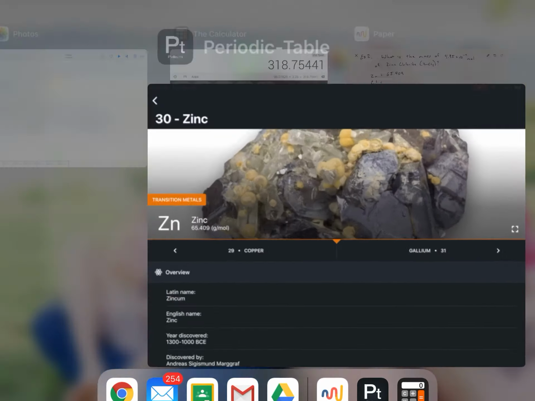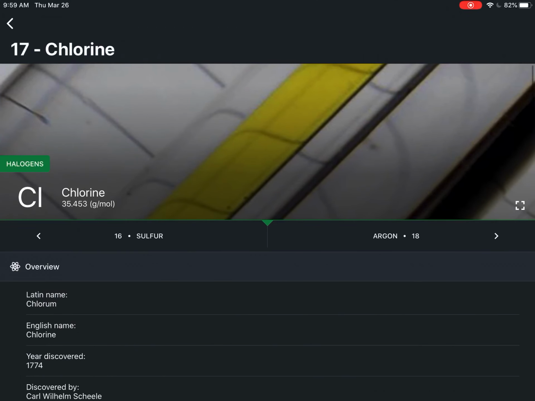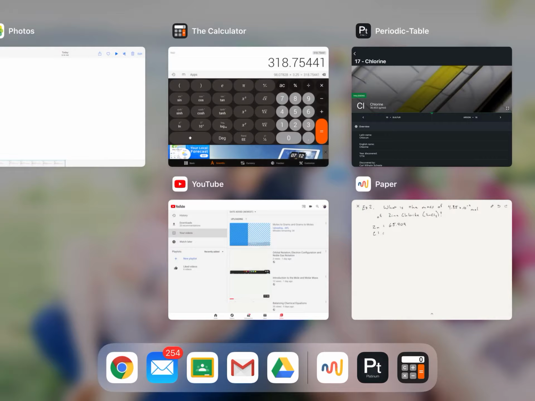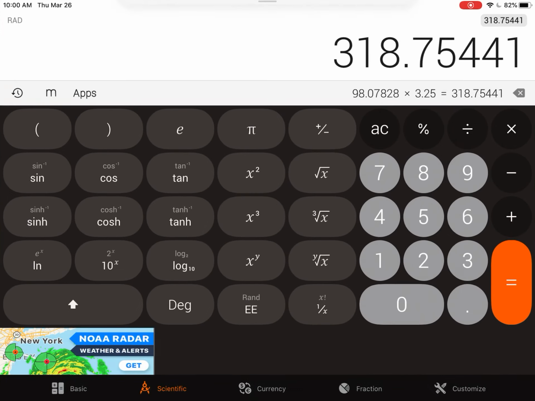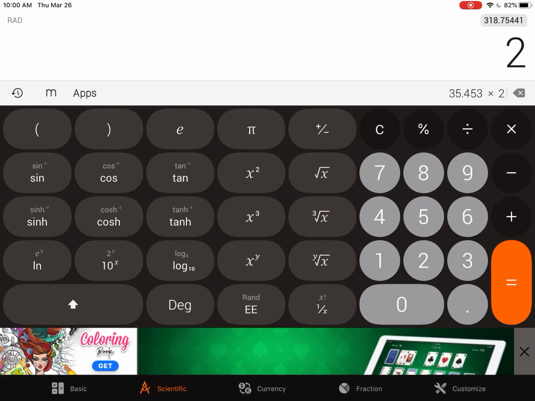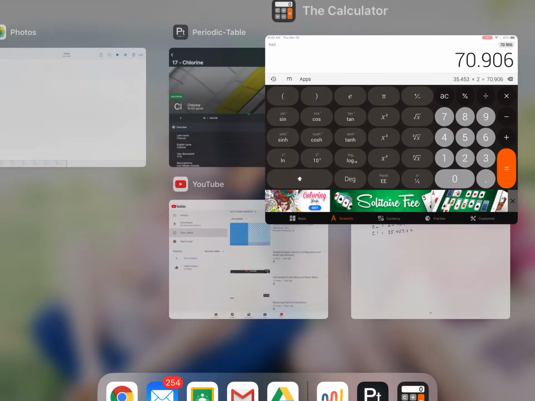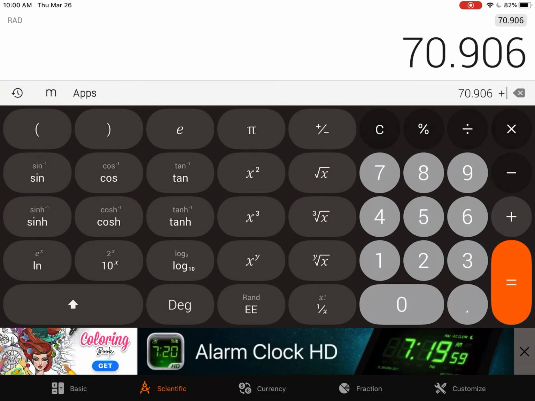And then let's look at chlorine, which I'm pretty sure is 35.453. Yes, 35.453. We have 2 of those, so we need to multiply that by 2. So we are going to get 35.453 times 2 plus our mass of zinc, which was 65.409.